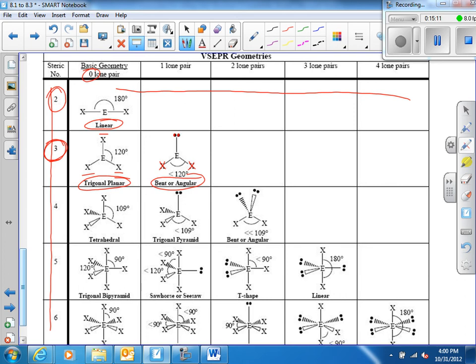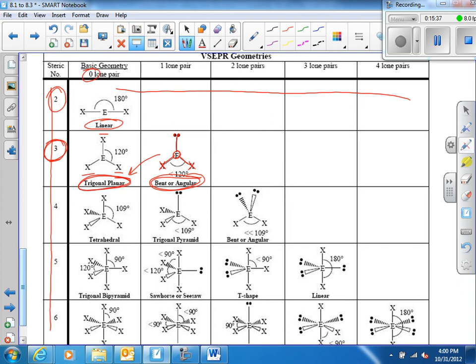Now the electron geometry, these are all molecular geometries we're looking at. The electron geometry would be, where are the electrons? Can you see that that would actually be trigonal planar? So the molecule will be bent or angular, but if we look at all the electrons around the central atom, that geometry would actually be trigonal planar.